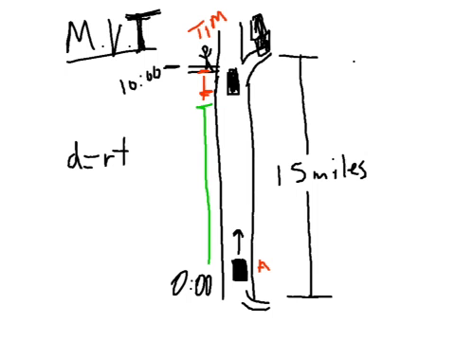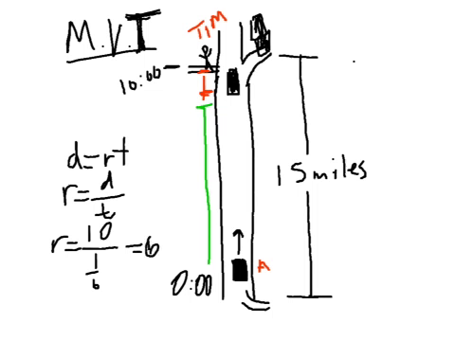So rate equals d over t, and the rate therefore equals 10 divided by time, which was 10 minutes, which is 1/6 of 60 minutes, or an hour. So 10 divided by 1/6 equals 10 times 6, which equals, oh, no, that was my bad. It's 15 miles. So 15 divided by 1/6, 15 times 6 equals 90.